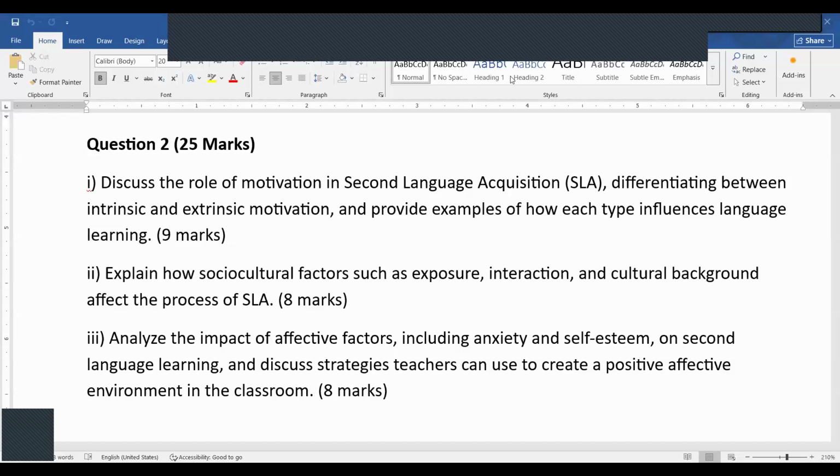By creating all these things, the teacher can remove or erase these affective factors. We were talking about anxiety, self-esteem, and so on; they are negative. At the same time, there are positive affective factors also.